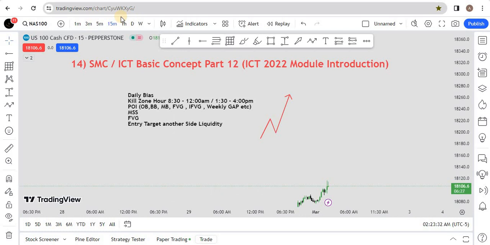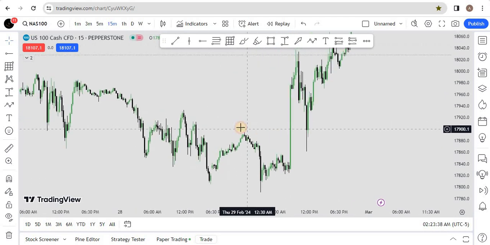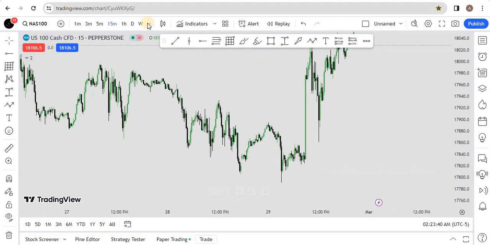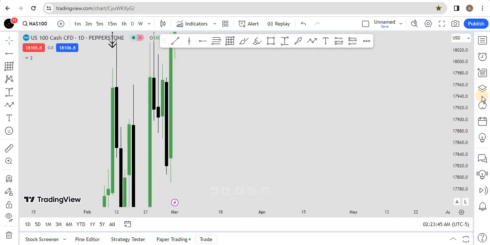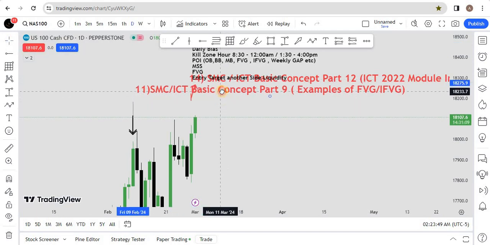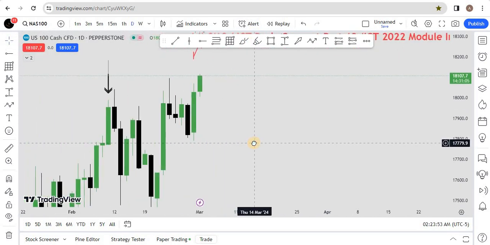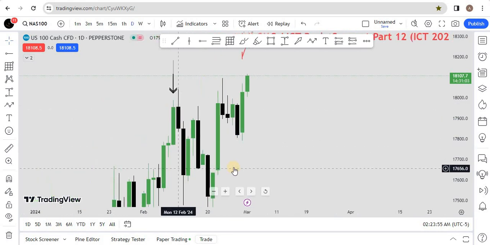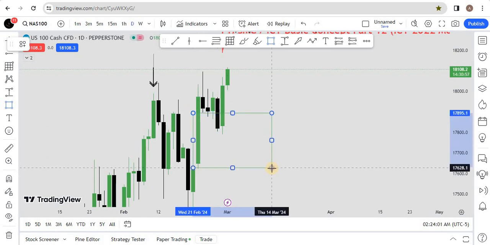We are on the standard 15-minute time frame. Previous day, what happened, price came. If we go to the daily time frame, we are bullish. We have a fair value gap here in the daily.